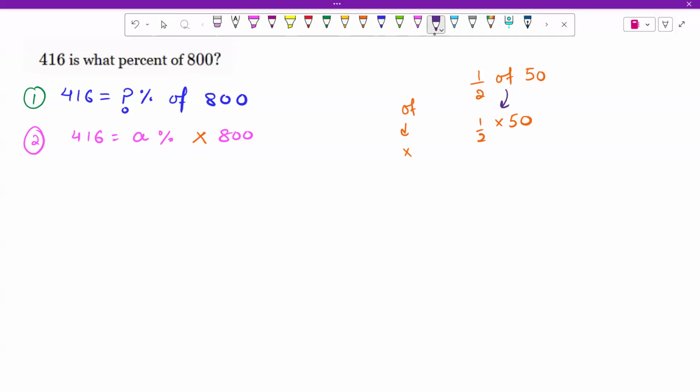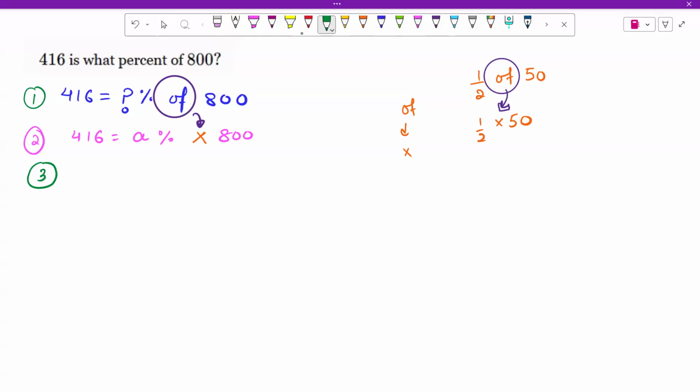I have to solve half times 50. The main point is not solving. The main point is whenever we use the word of, it gets converted into the multiplication symbol. So that's why instead of this of, we are writing a multiplication symbol here. Any question here? No.